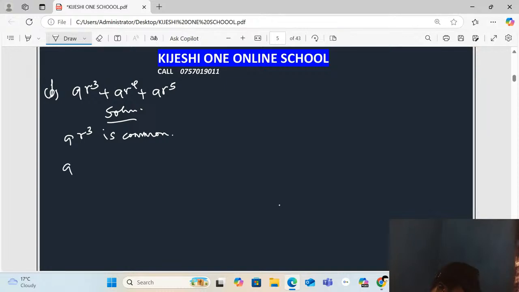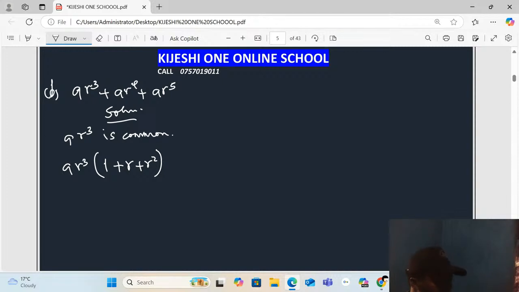So ar cubed into ar cubed, we remain with 1, plus into ar power 4, we remain with r alone, then plus ar cubed into ar power 5, we remain with r squared.